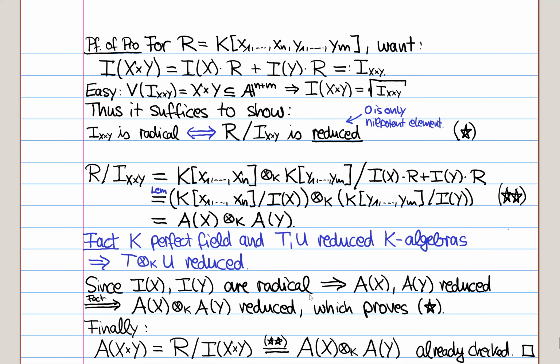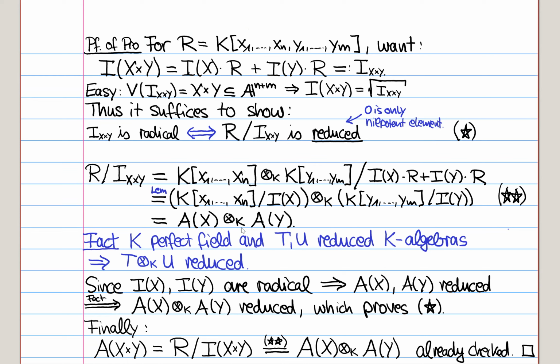If we assume this fact for now, then we see, since I(X) and I(Y) are radical ideals, that was another consequence of the Nullstellensatz, that their quotients, the quotients of these rings here, are reduced. This uses the same equivalence that we had here. And so we did get a tensor product of reduced K-algebras over K, our base field.